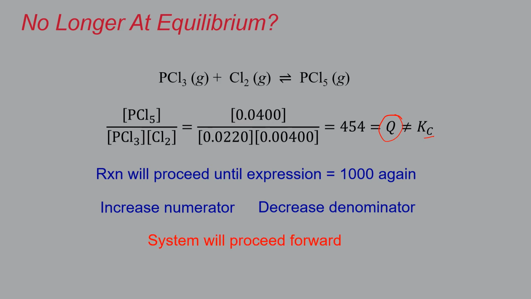The numerator is the concentration of the products, and the denominator is the concentration of the reactants. We want to increase the product concentrations and decrease the reactant concentrations, and that's what we call reacting in the forward direction.